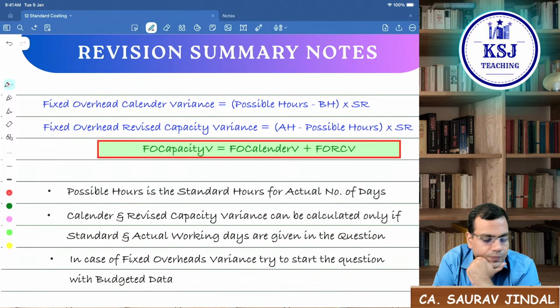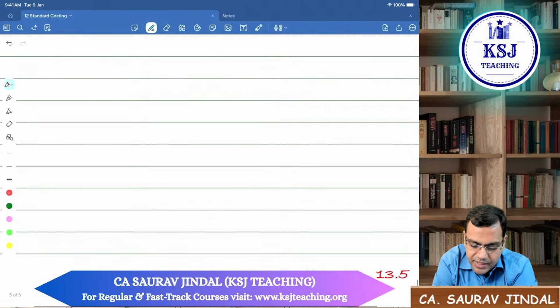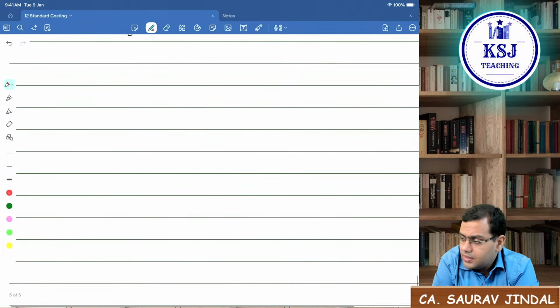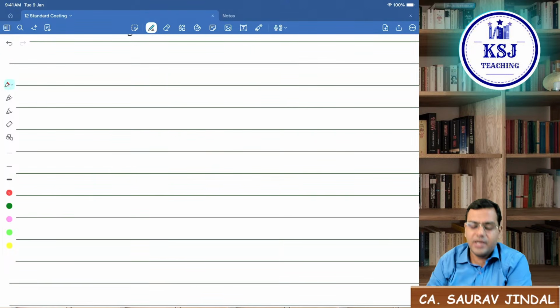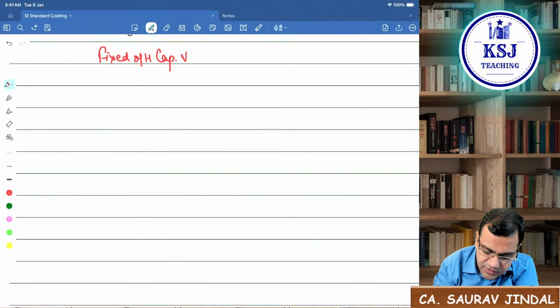So now let's talk about something about the capacity variance, from where we have to find out this calendar and revised capacity. Let's talk about this part. Sir, you calculated the fixed overhead capacity variance. Yes, sir. Fixed overhead capacity variance we have calculated.